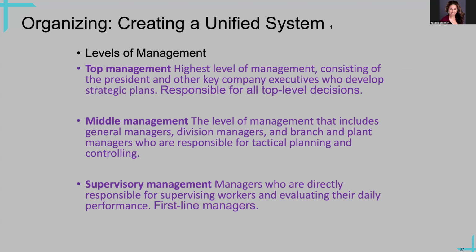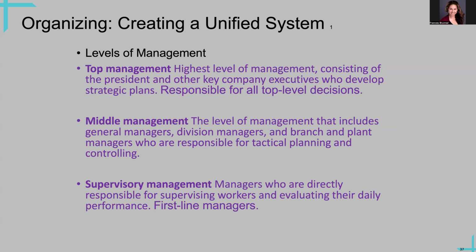All right. In creating a unified system of management, there can be multiple levels, but typically we would refer to management in three levels. One is top management. This is the highest level, the executive committee, who develops the strategic plan and makes all of the large decisions for the company, which affect the company in its entirety. Middle managers take that strategy and they put it into action.